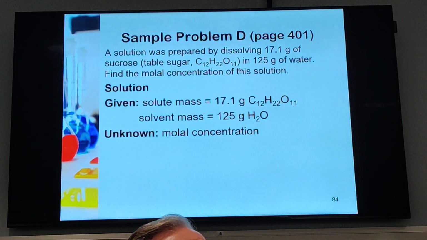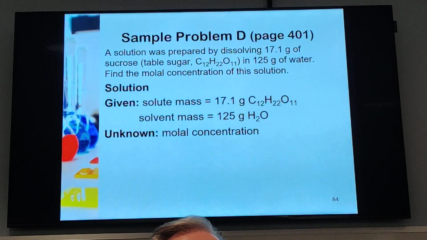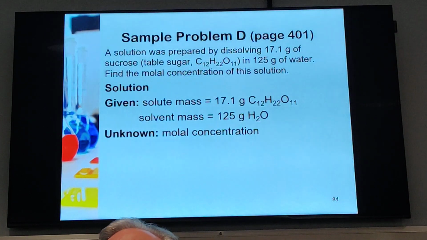What we've been doing for chapters, we're going to have to find the molar mass of sugar. 12 carbons: 12.01 times 12 would be about 144. 22 hydrogens would be around 22, maybe 23.